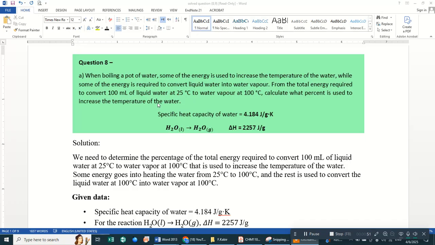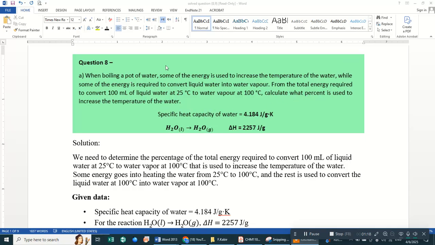If we simplify this numerical, what is the purpose of this numerical? Basically, we want to calculate the percentage of the heat which is required to increase the temperature of the water.